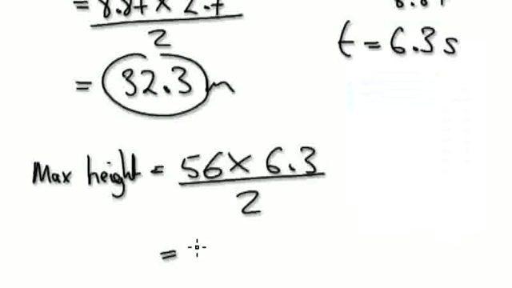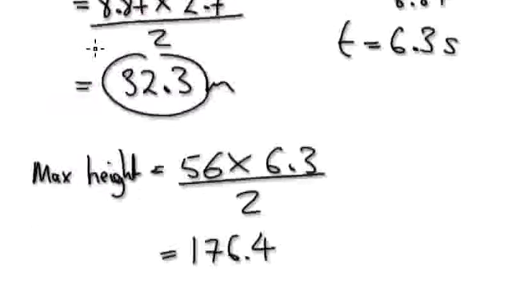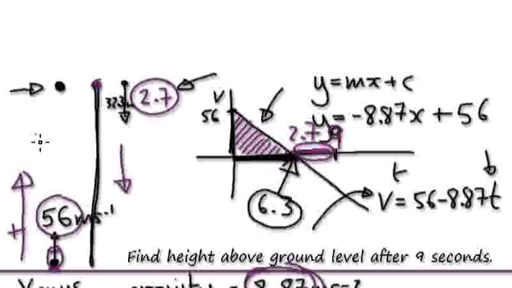So the distance will be 176.4 meters on the way up. And then the free fall distance is 32.3.